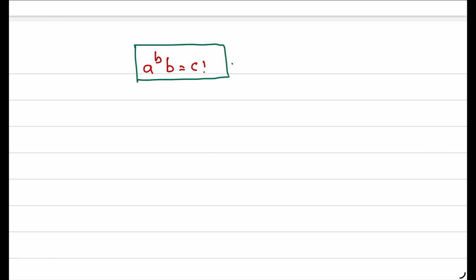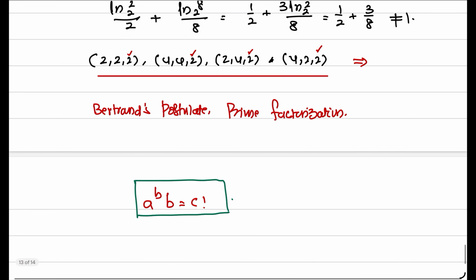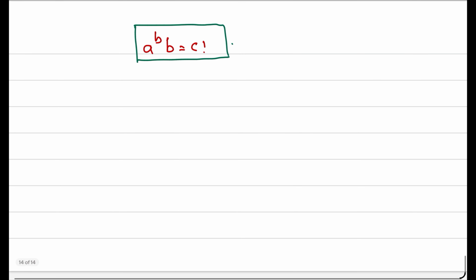By applying Bertrand postulate and also factorization theorem, for the given problem, we have got the solution as 222, 442 and 242 and 422 as the possible solutions.